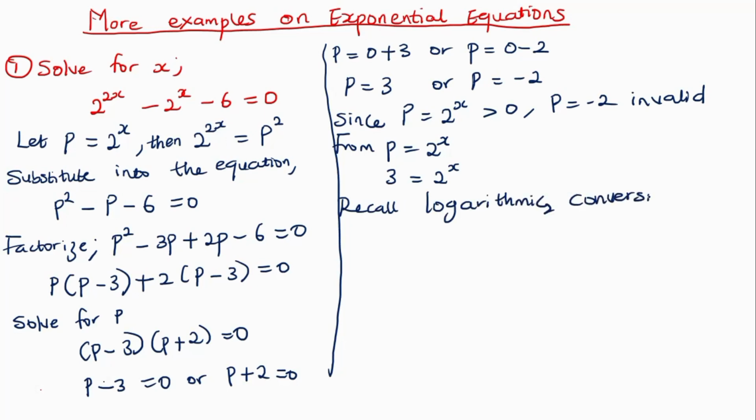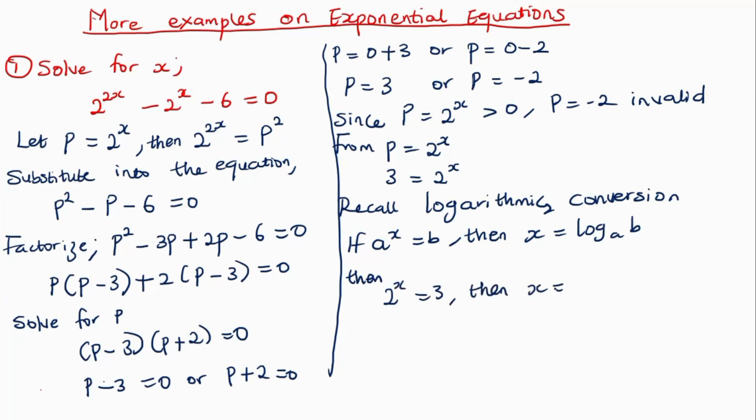From the logarithmic conversion, which says if a^x is equal to b, then x is equal to log a of b. So that was the rule given. From this, if 2^x is equal to 3, then x is equal to log 2 of 3, and this becomes our final answer.